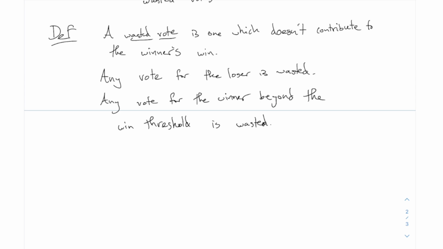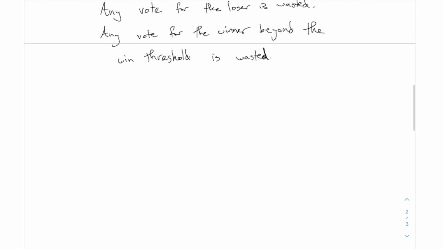Right? In order to win these districts, you need to get a certain amount. If you're getting a lot of extra, those are wasted votes also. So any vote for the winner which is beyond what they need to win also counts as wasted. All right, let's just try some quick examples here.